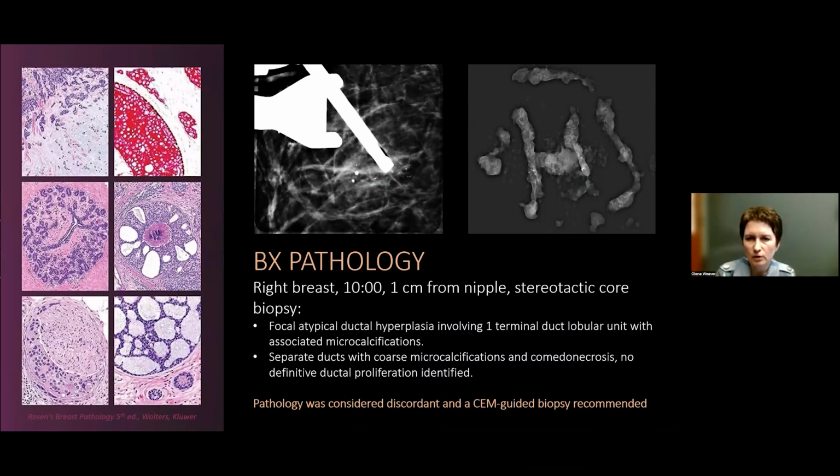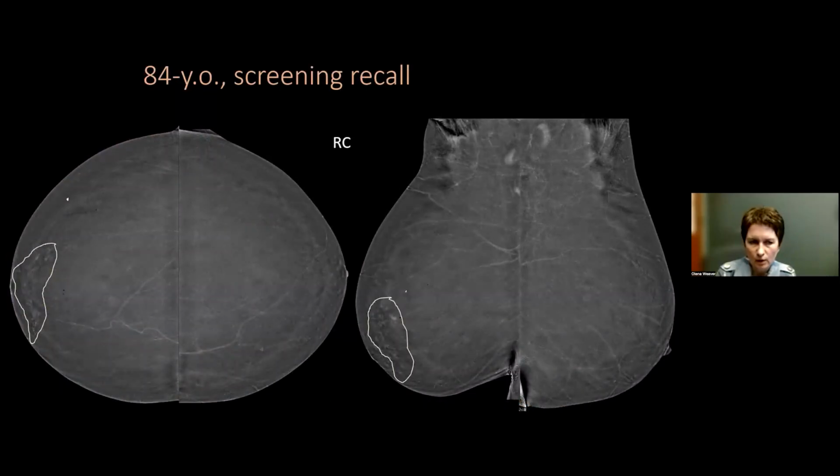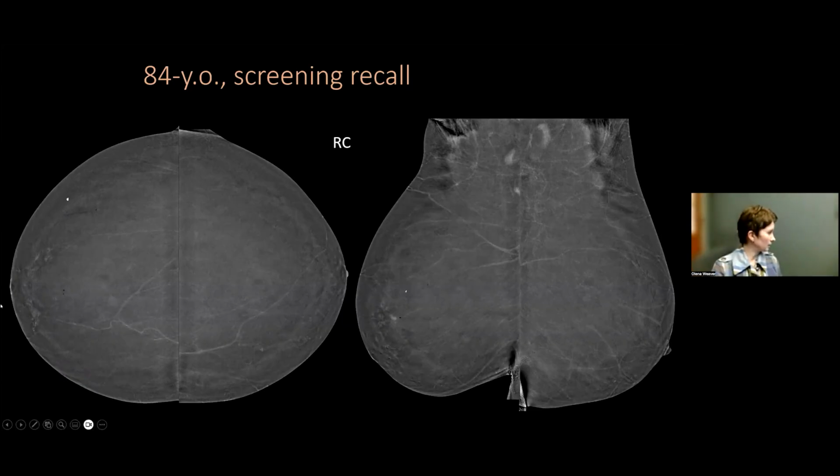So we decided to use CEM this time. We went back to our images and looked at what is the most conspicuous, most prominent or suspicious enhancement there, and decided that the craniocaudal view demonstrates more targetable and more discrete areas of enhancement, probably in this medial breast and this lateral area.